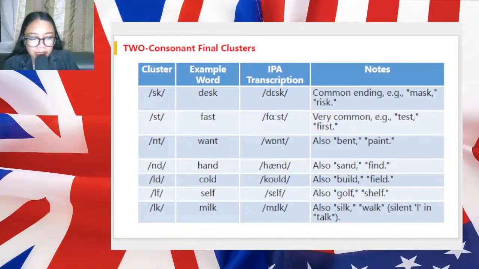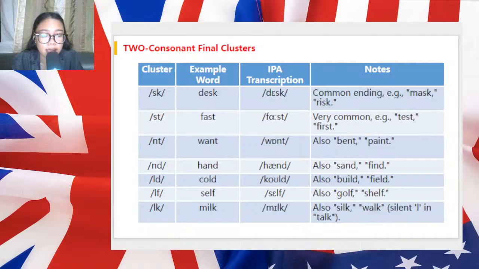Okay, very good. Anyway, moving on, we have the NT cluster, which is found in the word want. Here, the N sound, which is a nasal sound, is made with your tongue touching the roof of your mouth. That's the N sound.